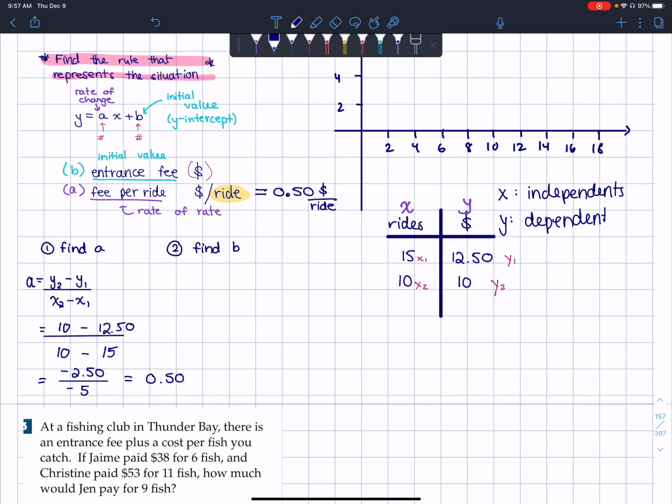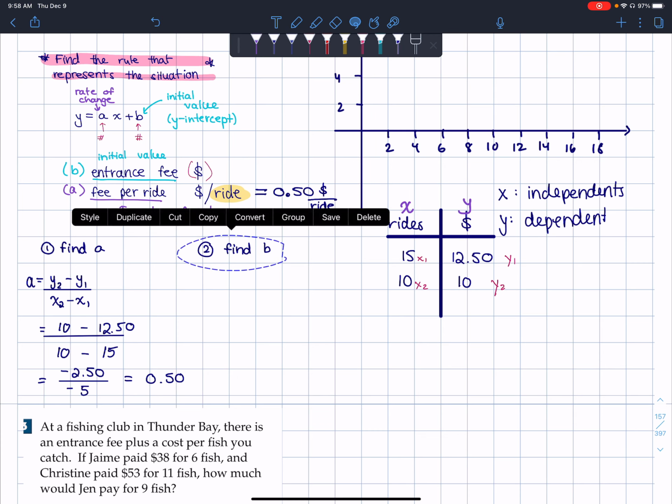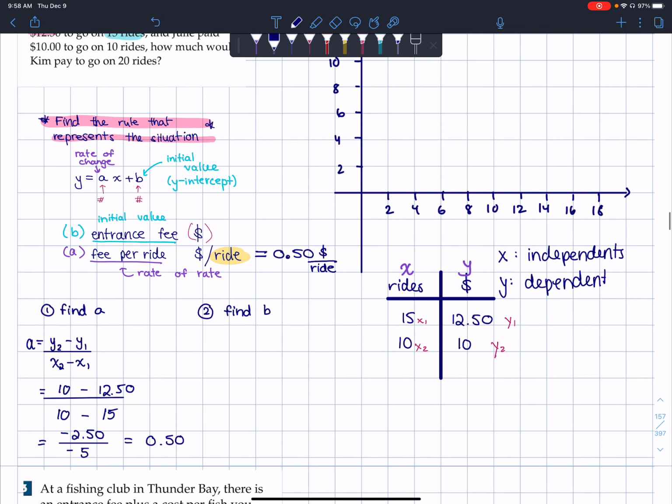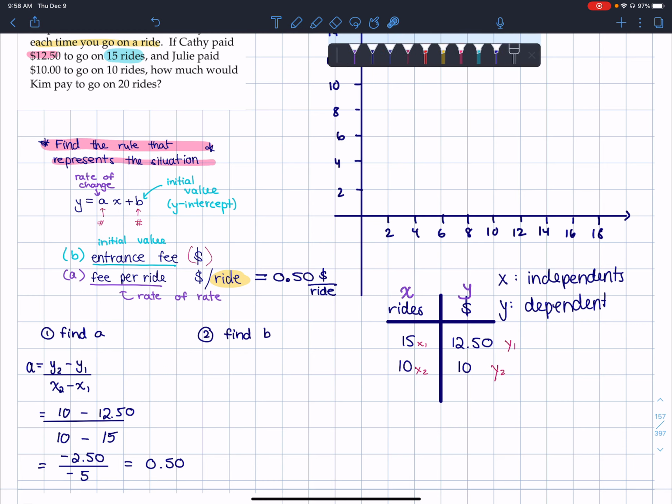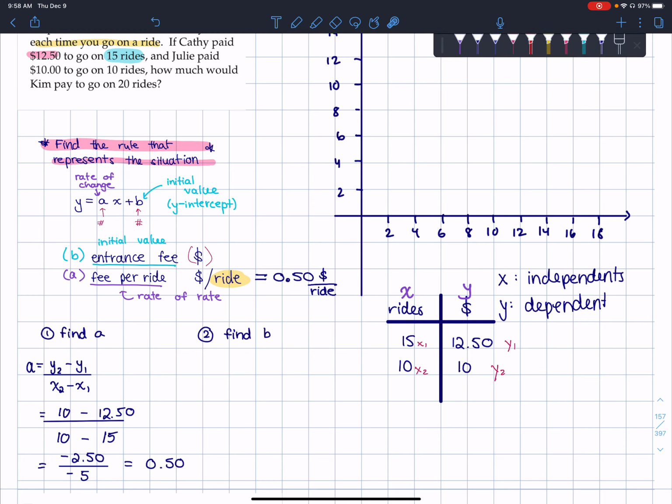Okay, so now your second step is to find B. In order to find B, you can use the general rule here and either one of these 2 points to work backwards from. So it doesn't matter if you choose to use 15 and 1250 to work backwards from, or 10 and 10 to work backwards from, because both of these happened at the same amusement park.